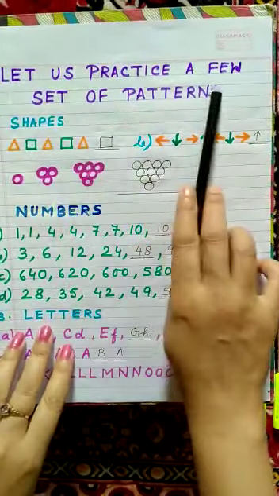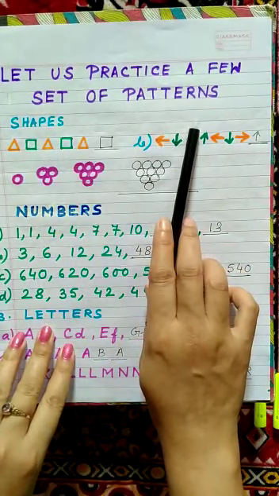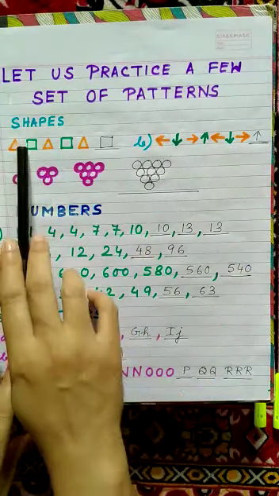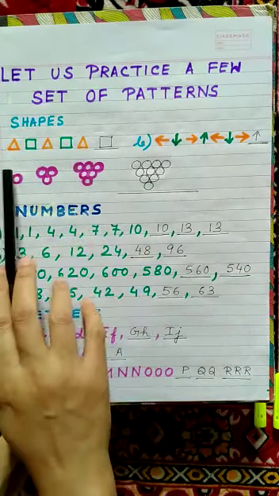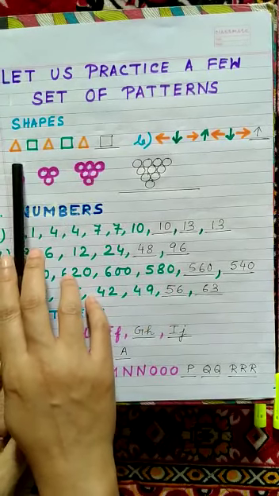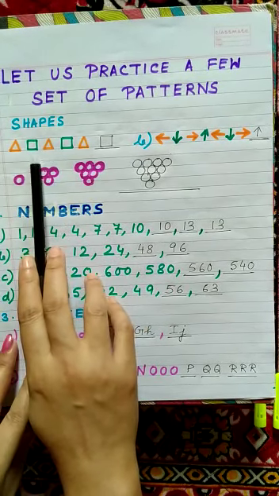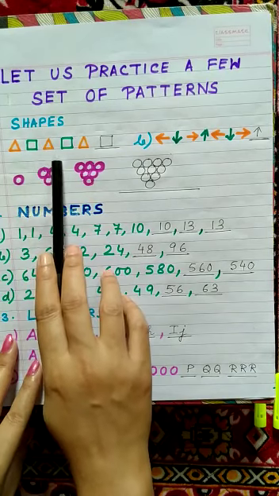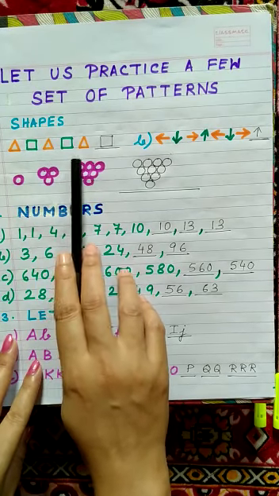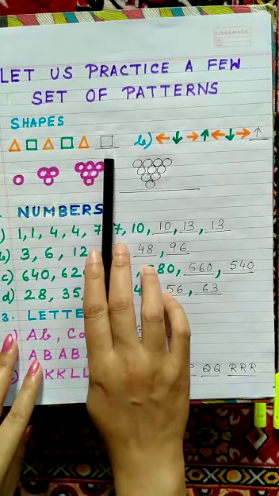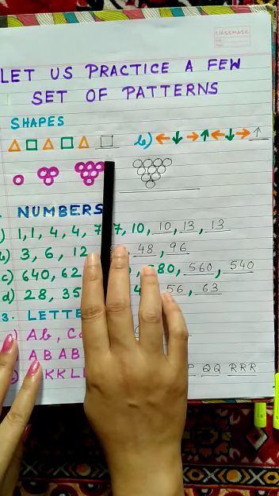Now let us practice a few set of patterns based on shapes first. We can see here, we first have a triangle, then we have a square, triangle, square, triangle. So we must have a square here.